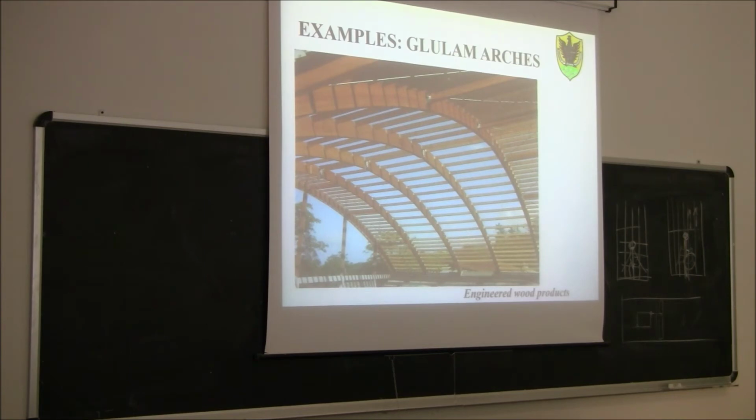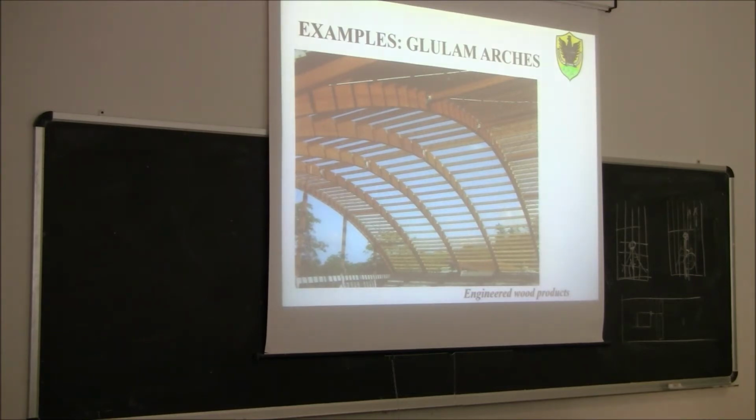Now, some pictures of some applications, nice glulam structures here. Okay, first of all, this you can see is a nice 3-pin arch made of glulam. So we have one pin here, one pin here, and one pin on the other side. So the structure is statically determinate.